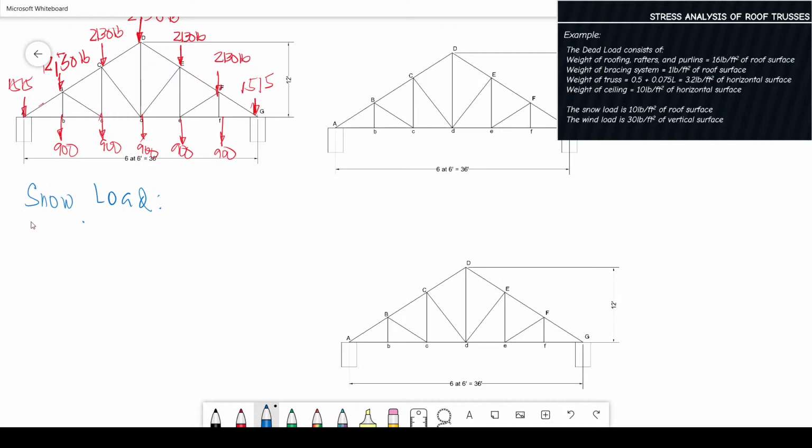So for snow load, we have the panel load on the top chord, not the bottom chord.